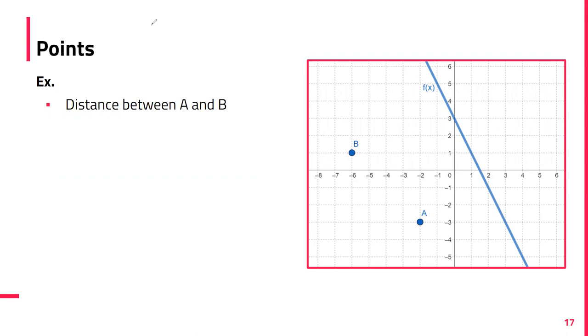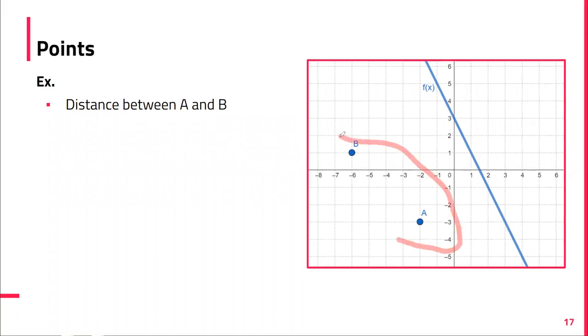Otherwise, I'm just going to keep going. One of the questions I asked you was to find the distance between these 2 points. And we want the exact distance. Just trying to count on this grid and guessing is not very precise, so we want to do a slightly better job than that.